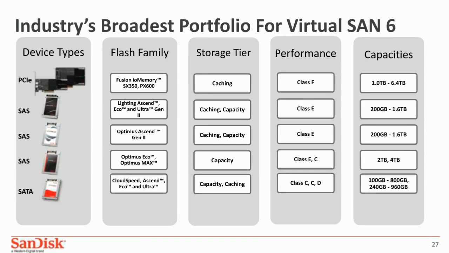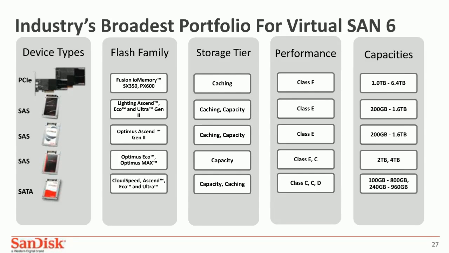With the Optimus Max, you can get up to something like 4 terabytes per device. So even with 2 or 3 of those devices in a single disk group, you can get something like 8 or 12 terabytes on a node. I'm going to talk a little bit about a couple of reference architectures or vSAN ready nodes with those particular devices.